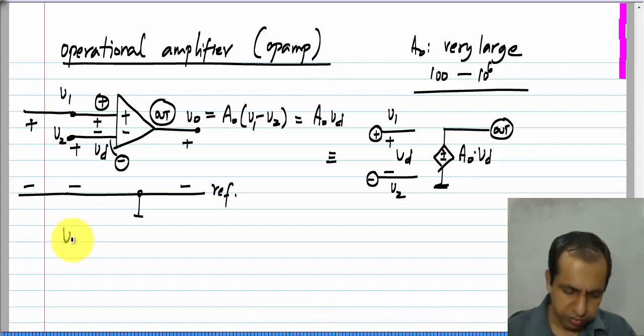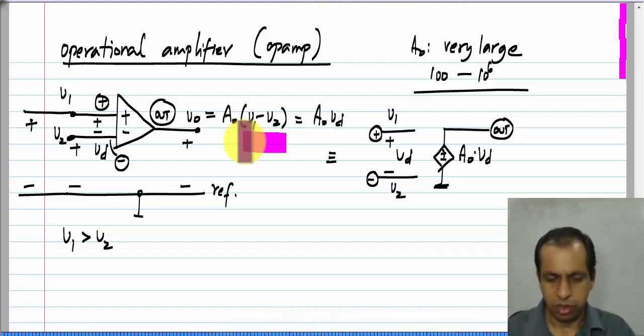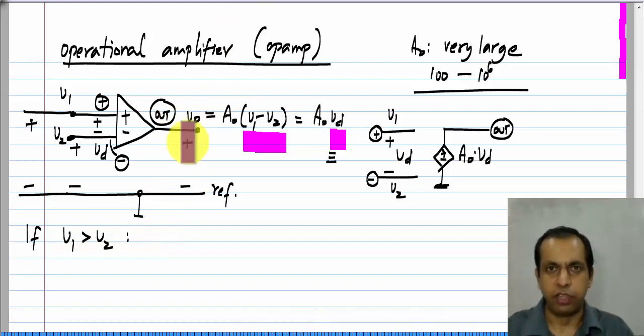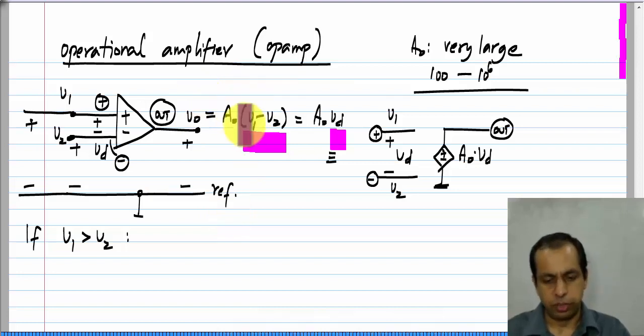This means that if V1 is larger than V2, that means that this V1 minus V2, this is positive, or this Vd is positive. So, if V1 is more than V2, it means that the output V0, this voltage is driven strongly positively, because A0 is very large. For a small positive difference V1 minus V2, you will have a very large positive output.